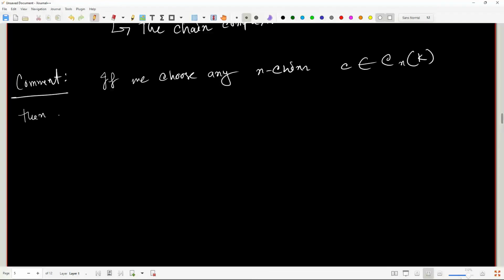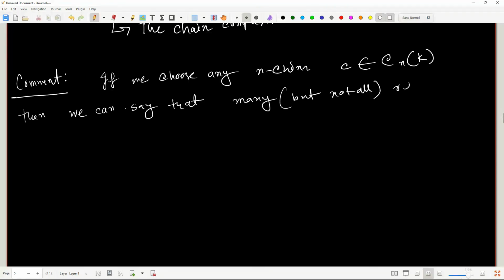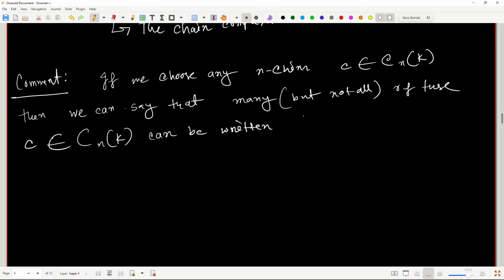Then we can say that many, but not all, of these small c, that means the chain which belongs to the capital C n, the chain group, can be written as the image of some other element.